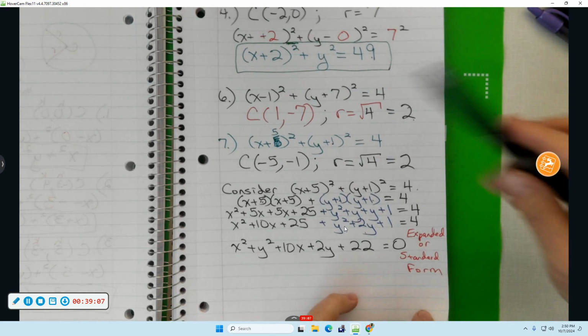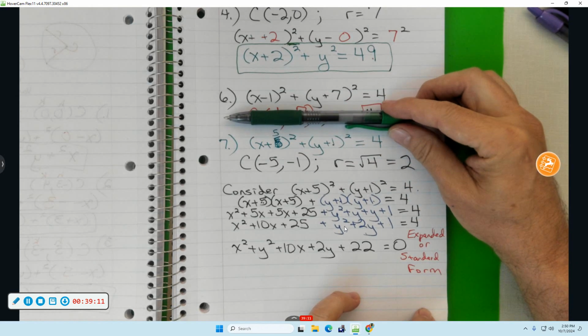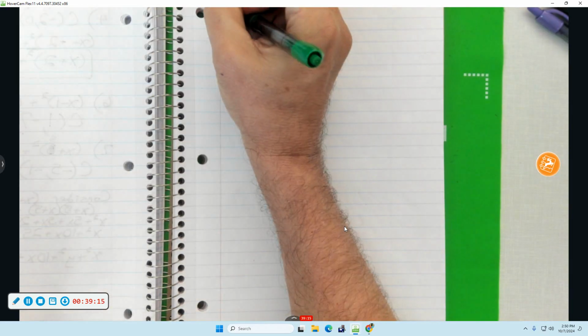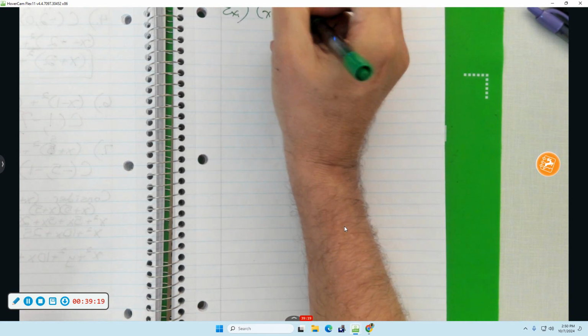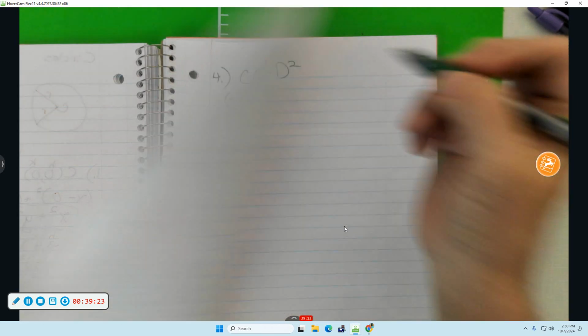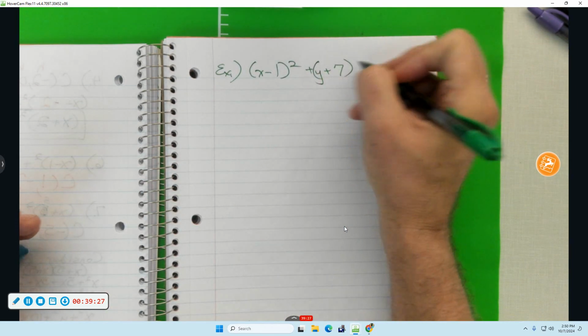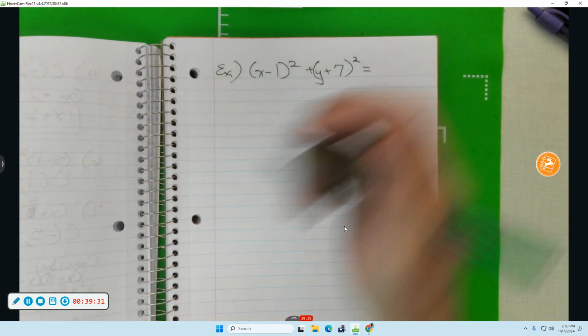Okay. I'm going to use problem number 6 here. X minus 1 quantity squared plus y plus 7 quantity squared is equal to 4.